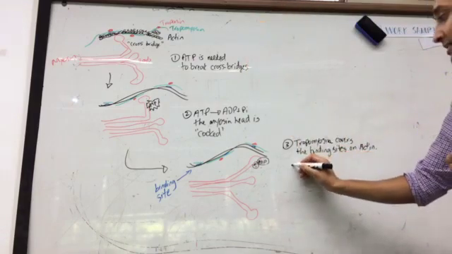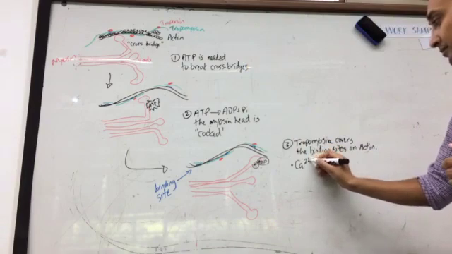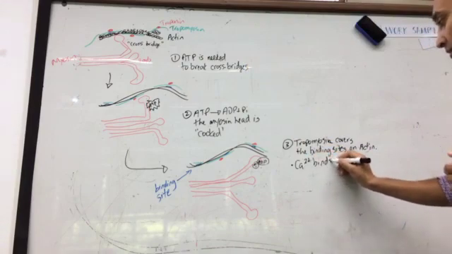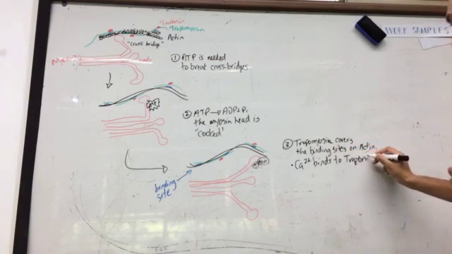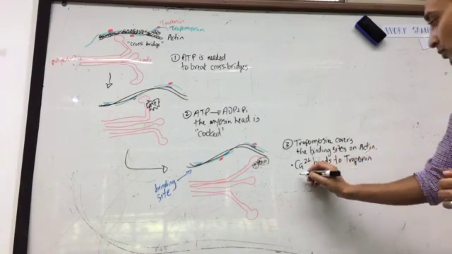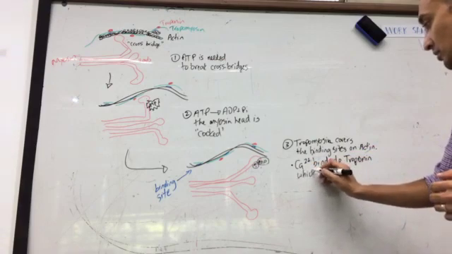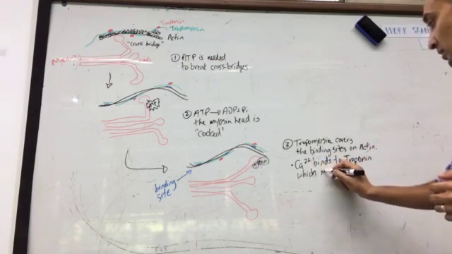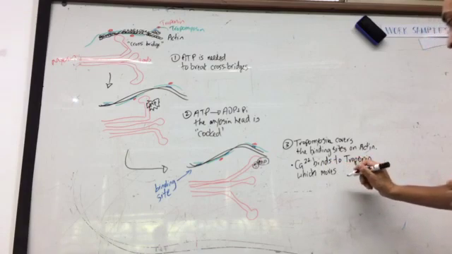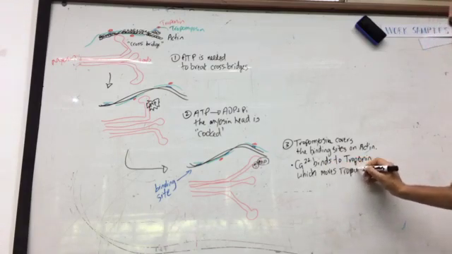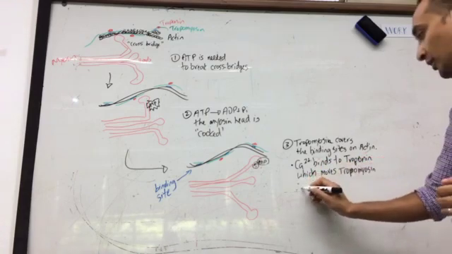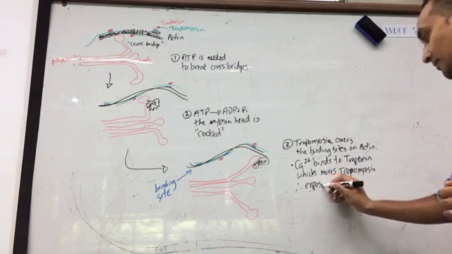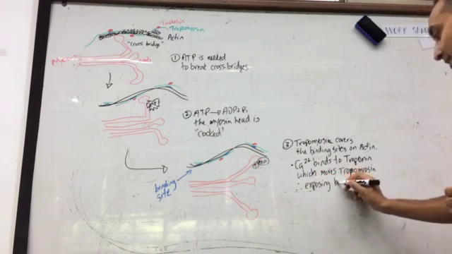So we can say calcium binds to troponin, which pulls tropomyosin, which moves tropomyosin, therefore exposing binding sites.